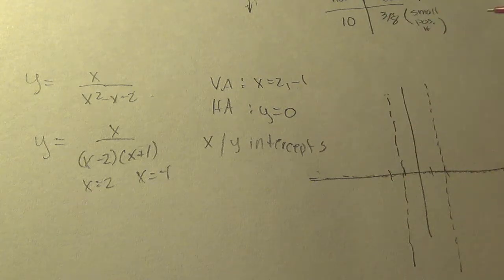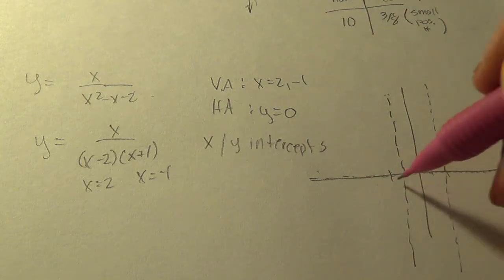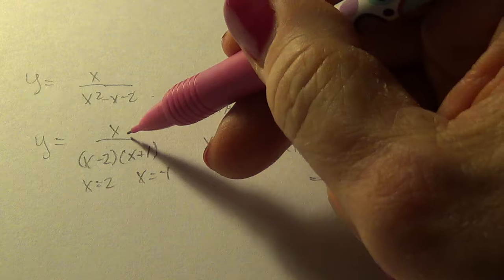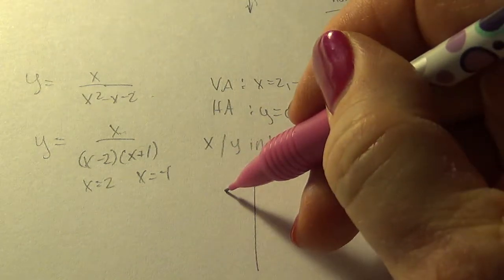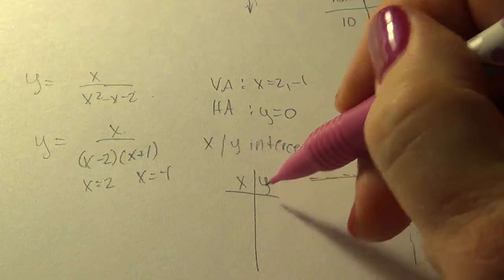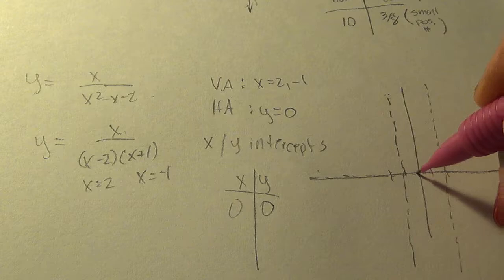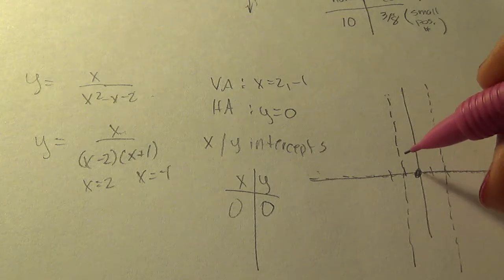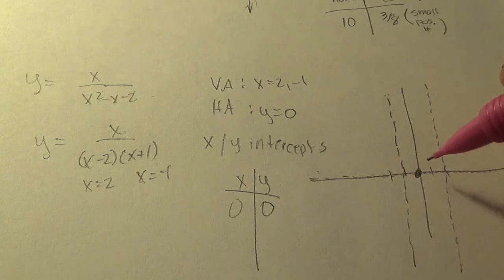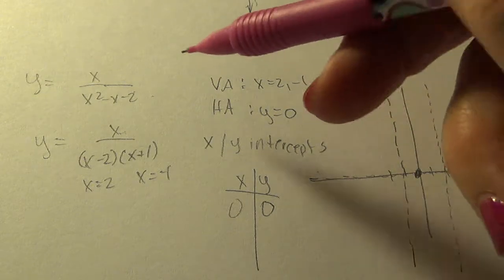Alright, let's see if we can find some zeros. That will be the x-intercepts. We always look and see what causes the numerator to be 0, and that will be when y is 0, x is 0, so it's going to cross here, and that is also a y-intercept, because the x and y axes meet at the origin there.